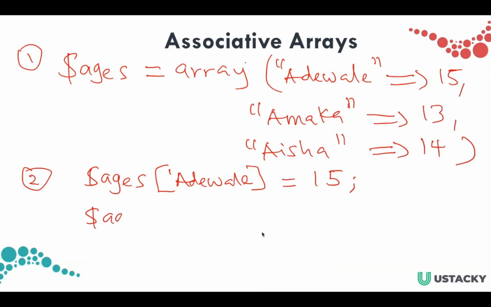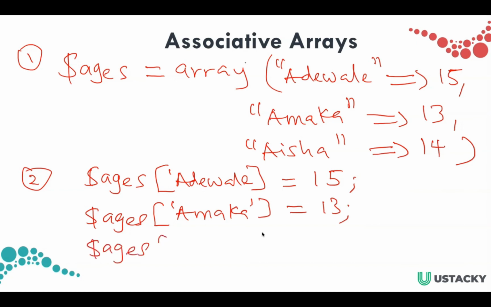And also you have ages, the key is Amaka, and you can assign a value to it. And lastly, we have ages, we have Aisha, and the value is 14.